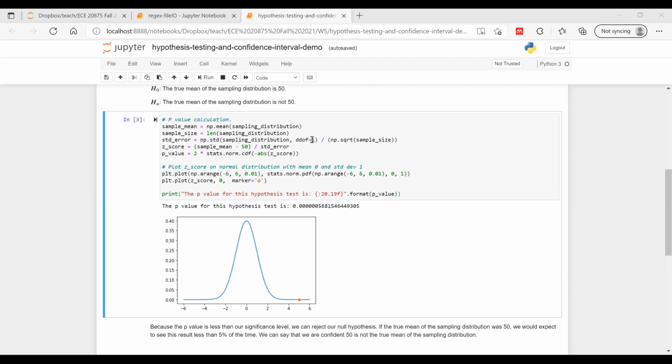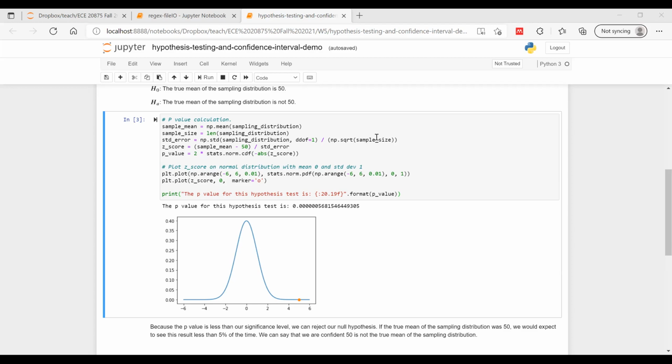By default, if you don't specify this, it will use 1 over n. But we want to introduce the 1 to use our unbiased estimation, so we are using the 1 over n minus 1 formula for the standard deviation. Then remember, we are computing the standard error here, so we need to divide by the square root of the sample size, square root n.